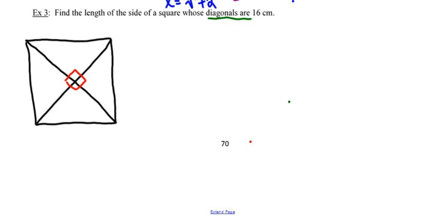So if the length of the entire diagonal is 16, and they bisect one another, that means that each piece of each diagonal must be 8. And now in this problem, I'm going to isolate any one of those 4 isosceles triangles. It doesn't matter which one because they're all congruent. I'm trying to find the length of that side of the square, so I'm going to label that x.